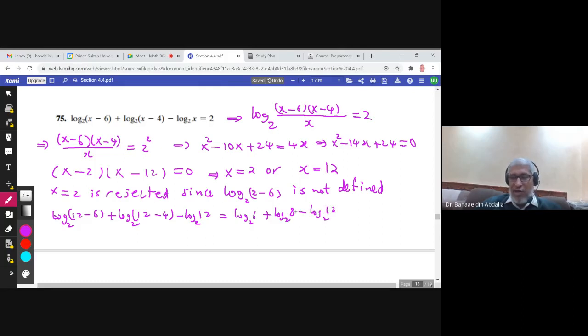You can evaluate this either by the calculator or by condensing it. So I have 6 times 8 over 12. You can cancel 6 with 12 and you will have 2 here, and then 8 divided by 2 is 4, and in fact you will have log 4 to the base 2, and this is 2, so the answer is correct. So the solution set is 12.